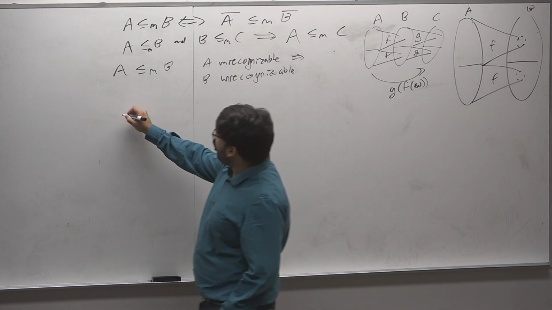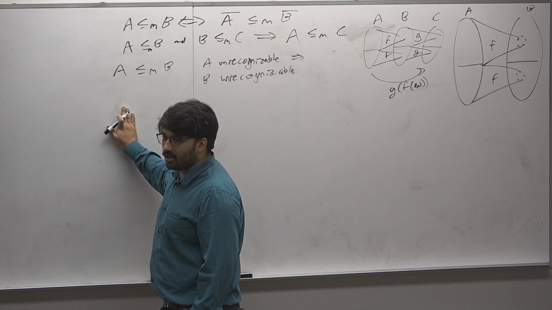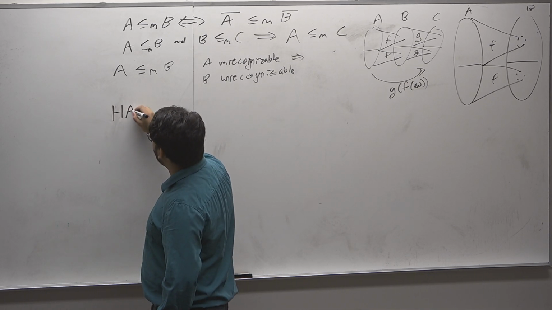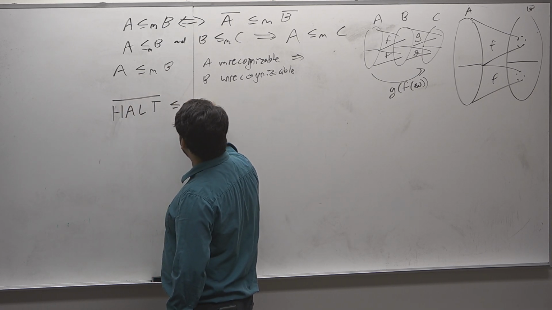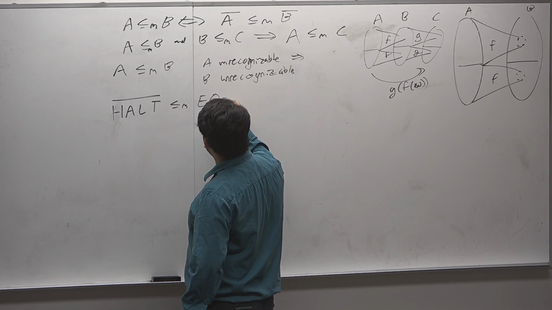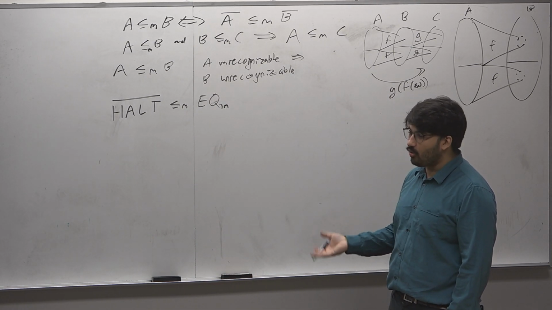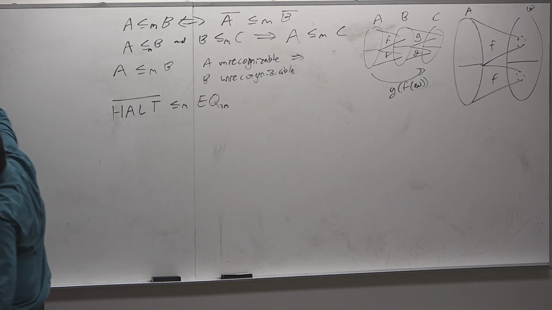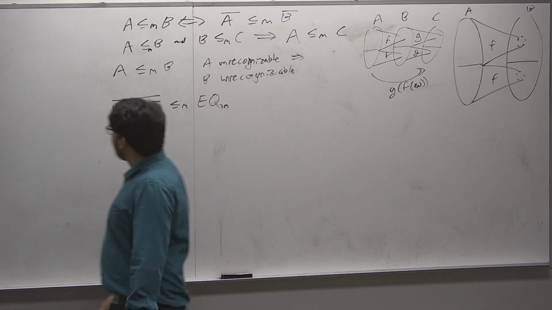So in fact, all we need to do is prove that there is a reduction from halt complement to EQTM. That would prove that EQTM is unrecognizable. Doesn't show it's co-recognizable, but just shows it's unrecognizable. It's somewhere here. Then we'll show it's not here, so it must be here, right?